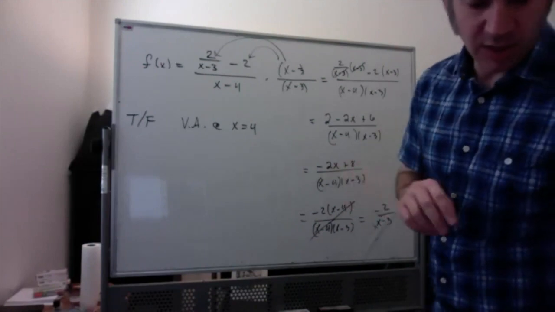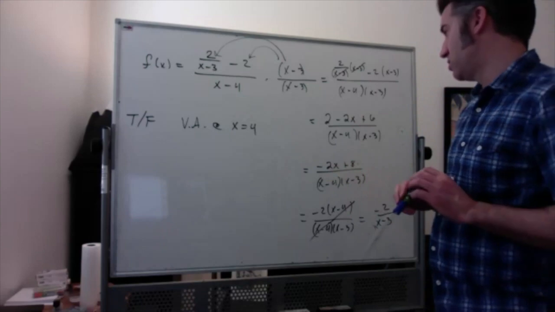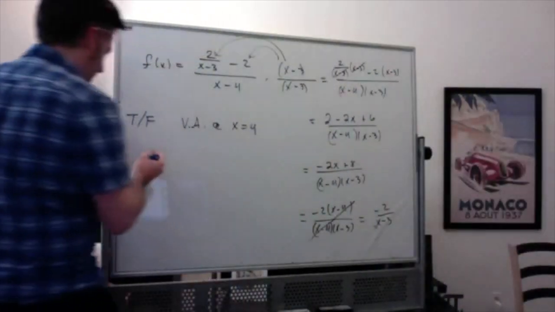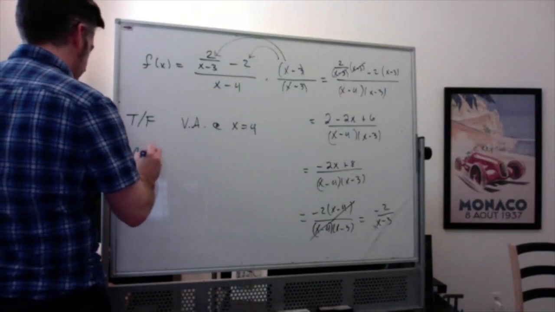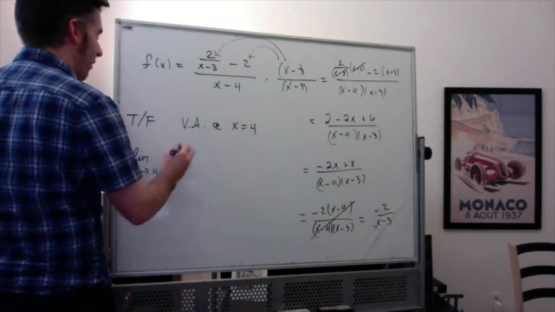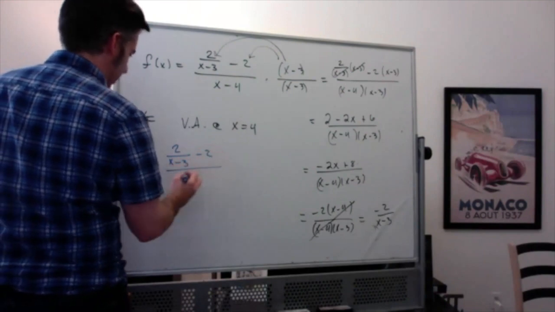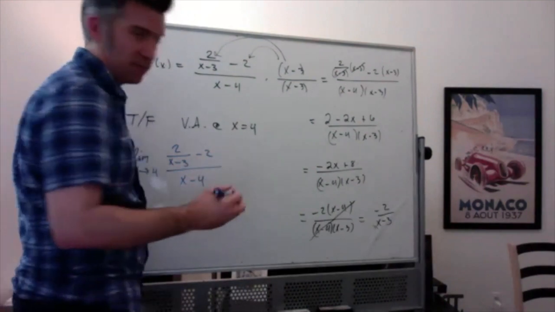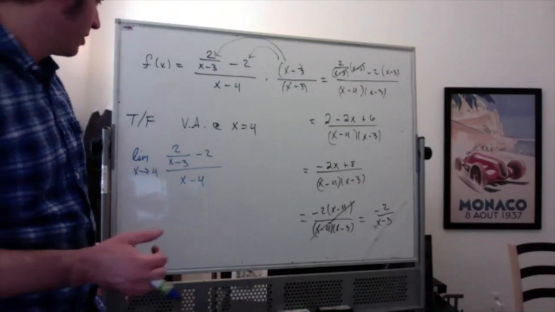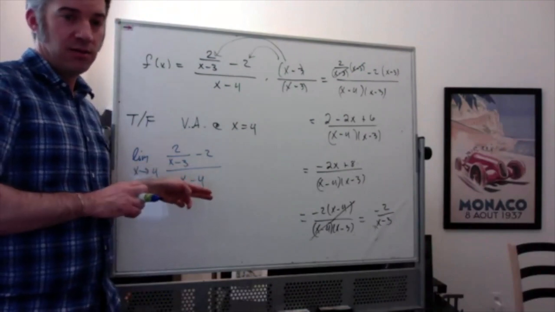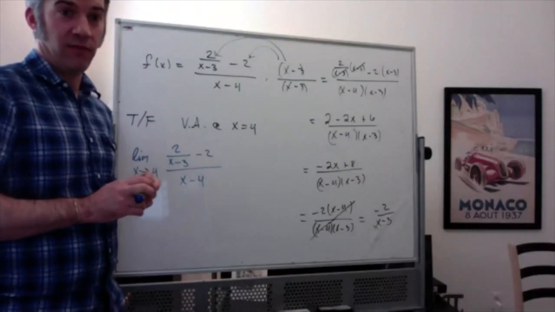I would imagine the way your teacher might actually want you to deal with this is by taking the limit. So they could say, I want you to take the limit as x approaches 4 of this thing. All right, I want to ask you guys a question that's kind of important in this last minute. What does this limit have to be so that we have a vertical asymptote at 4?